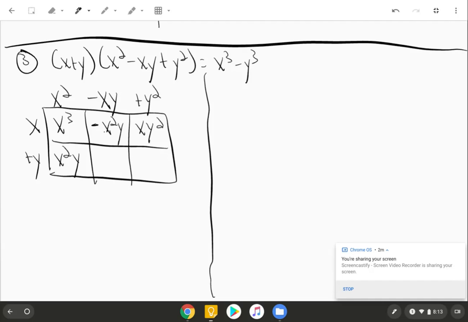This one is going to be negative xy times y. So again, it's a positive times a negative, so that's going to be negative. Xy times y is going to be xy squared. And then this last one is going to be y squared times y, which is y cubed.